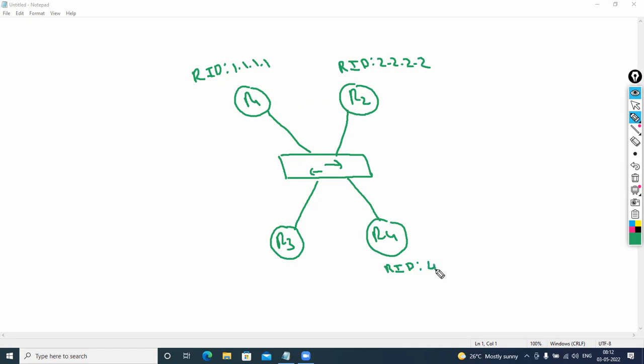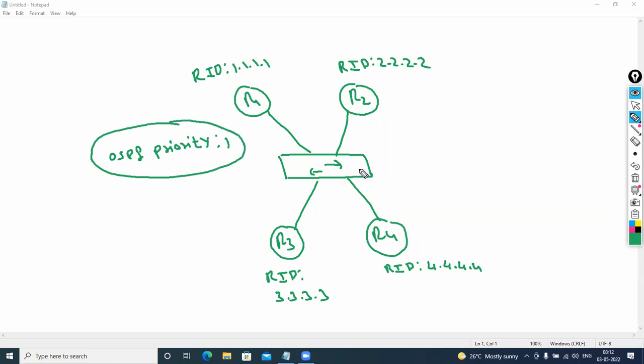Router ID of R4 will be 4.4.4.4. And router ID of R3 will be 3.3.3.3. Let us keep the OSPF priority as 1 by default on all the routers. Now, who will become the BDR and the DR? So R3 will become the BDR and R4 will become the DR.